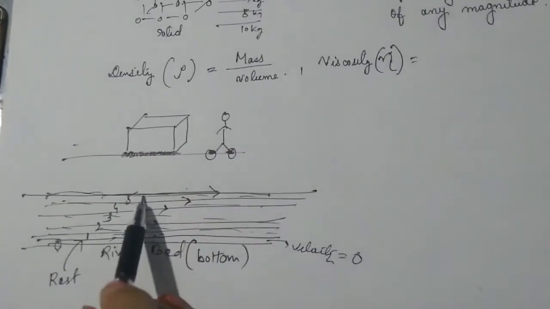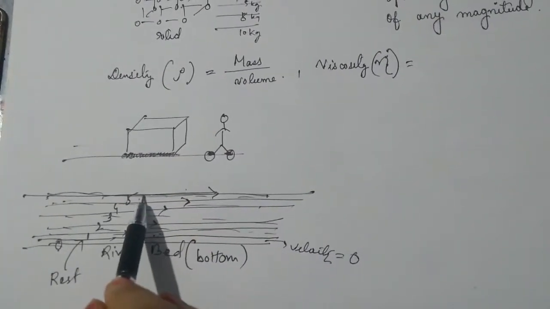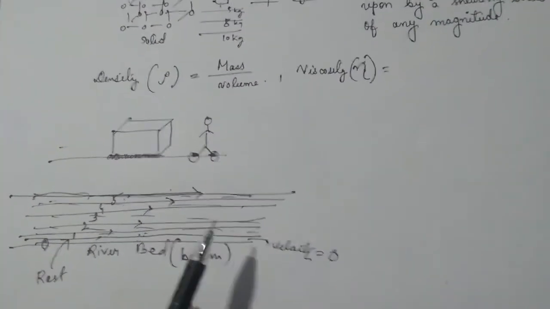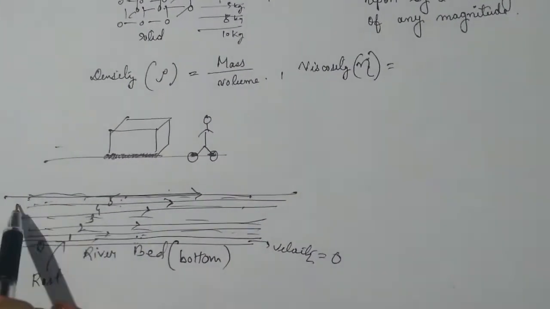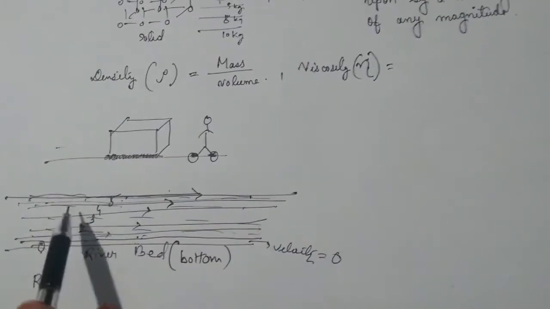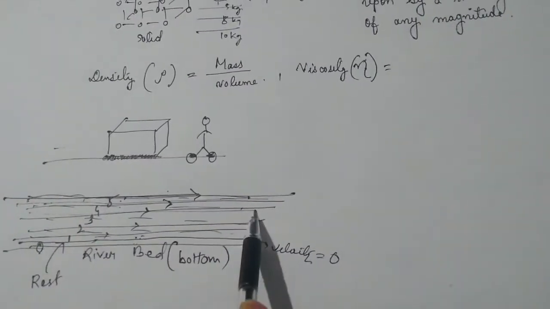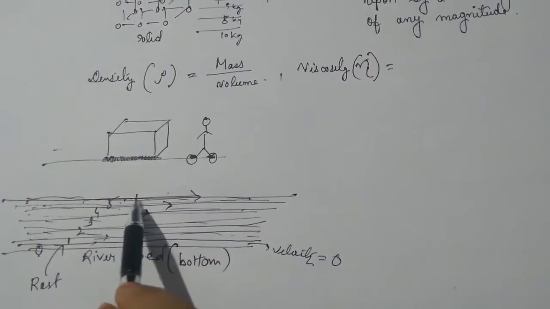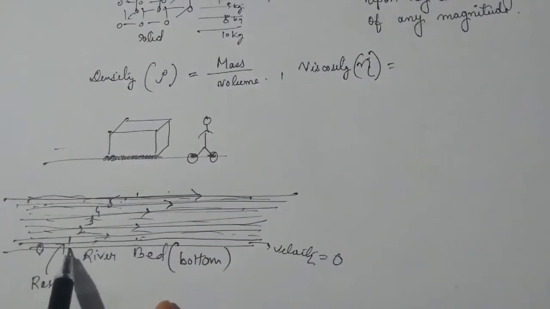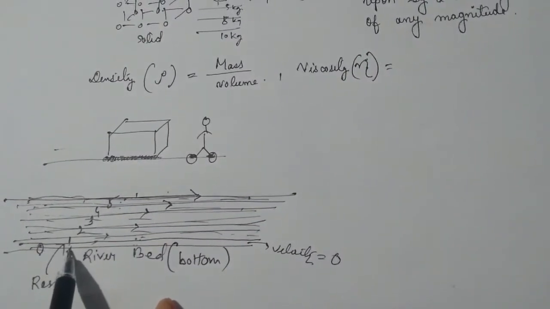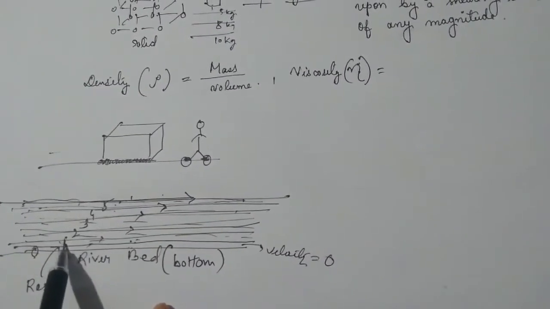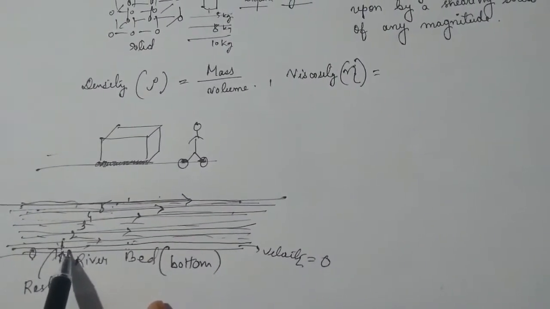The water molecules actually each apply some frictional force on the other water molecules. As a result, a particular layer of water applies frictional force on another layer of water. So this bottom layer is in contact with the bed on this side, and on this side it is in contact with layer 1, so its velocity is 0.